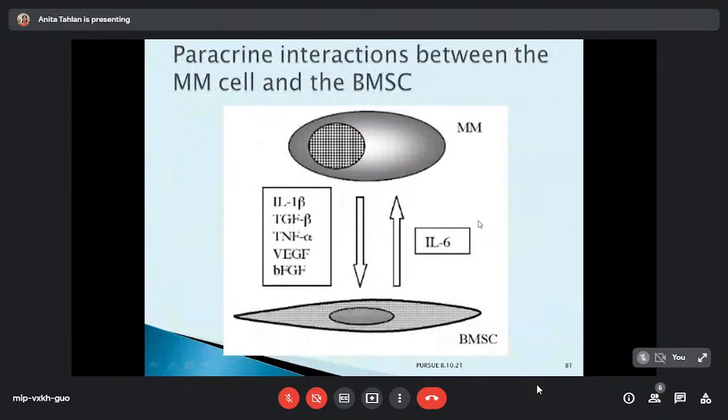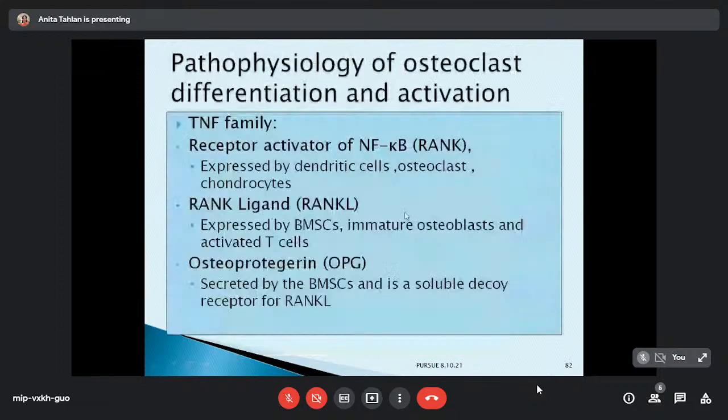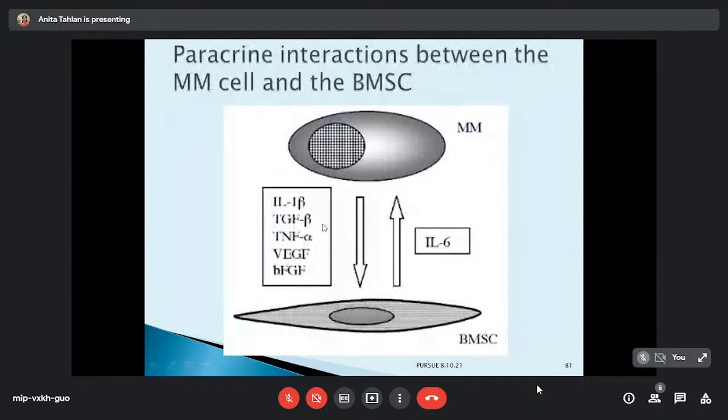One of the main key mechanisms is that the myeloma cells reabsorb these cells, which is probably by IL-6. They increase the reabsorption, secretion and reabsorption of these cells.